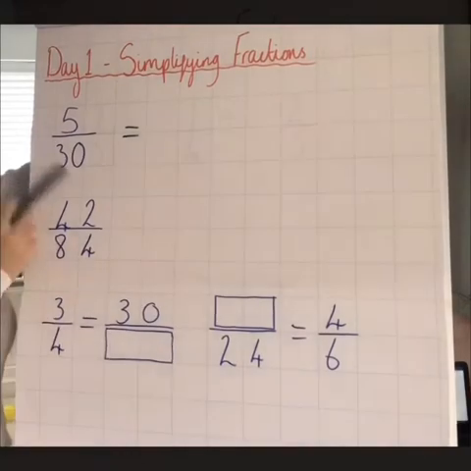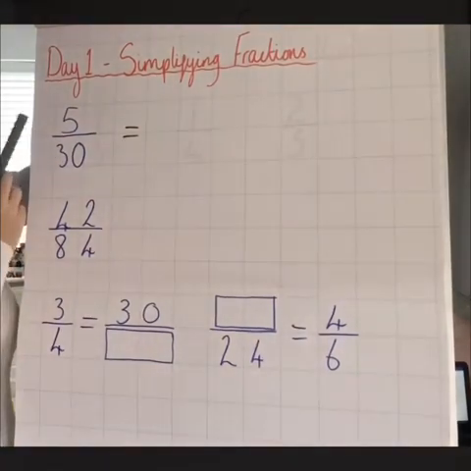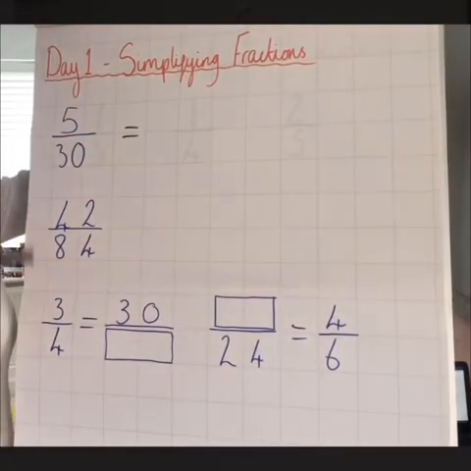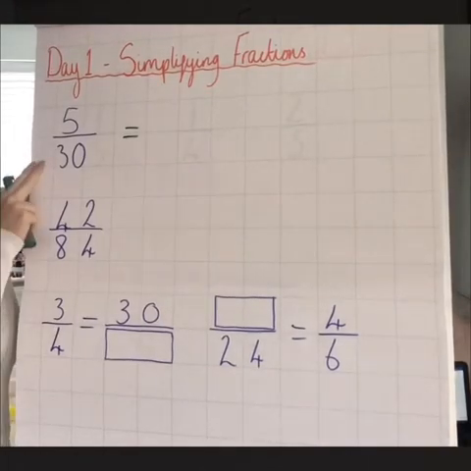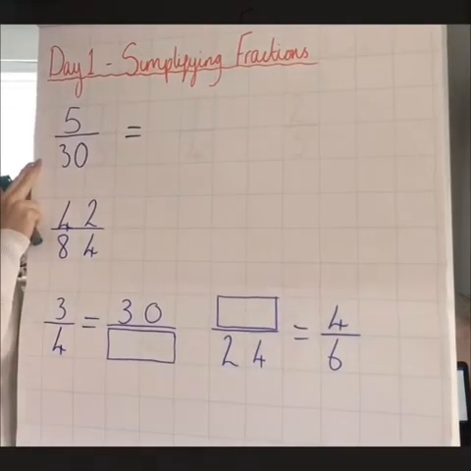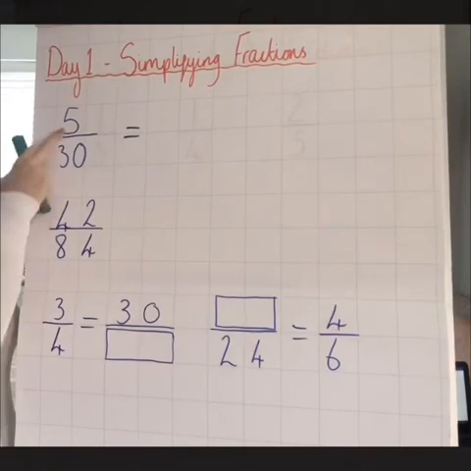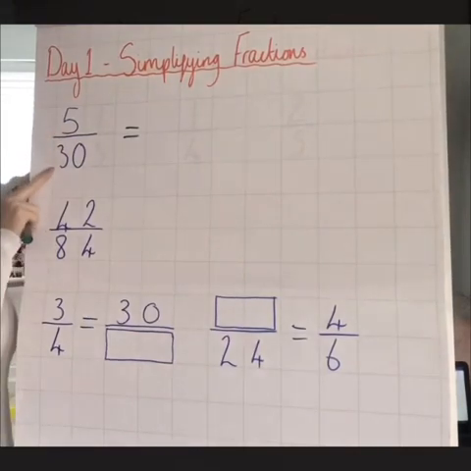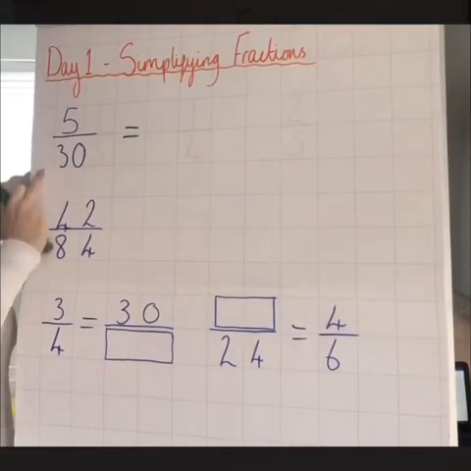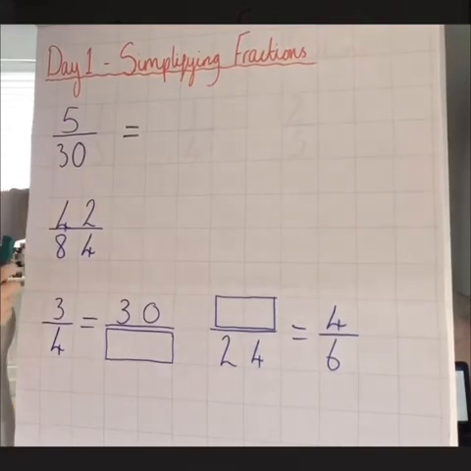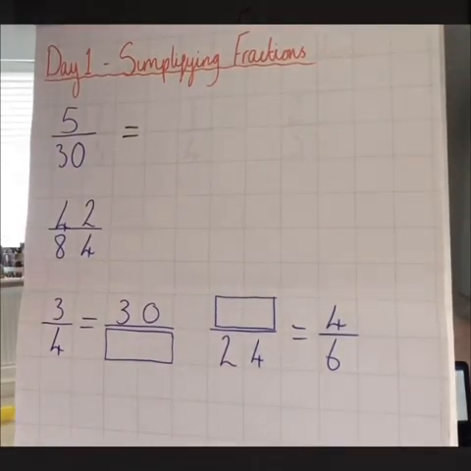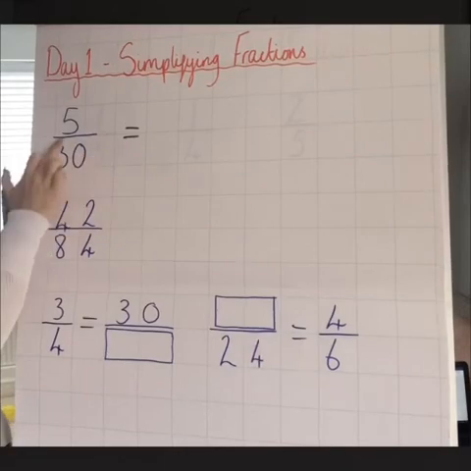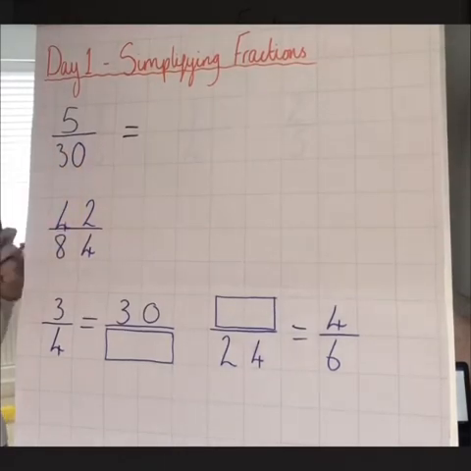So we're going to have a look at this fraction, 5/30. To help me simplify this fraction, I'm going to be looking for a factor of 5 and 30. It must be a factor of both of them. So I'm going to be looking at my larger number first to help me.